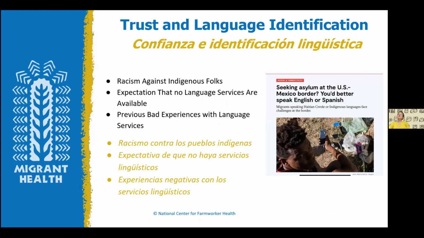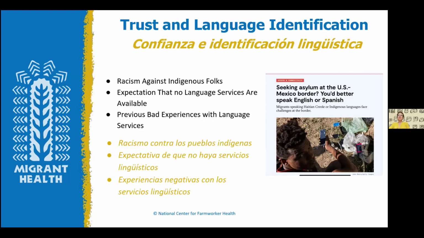With language identification, this can often be very difficult with Indigenous communities because of racism against Indigenous folks, both in their home countries and in the US. There's a lot of racism by Spanish-speaking folks who aren't Indigenous against Indigenous folks. So you can find this on work sites.